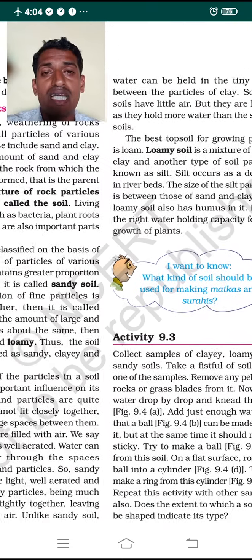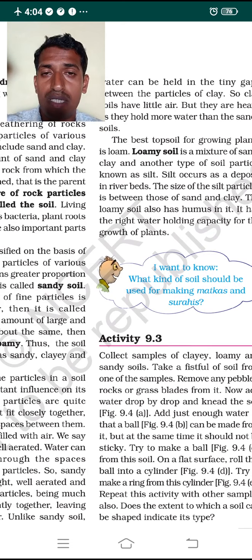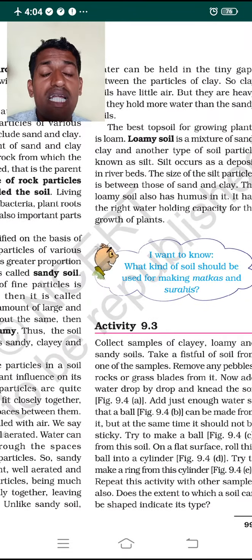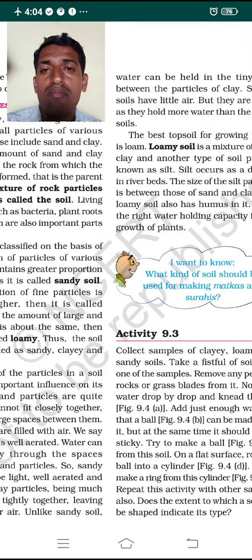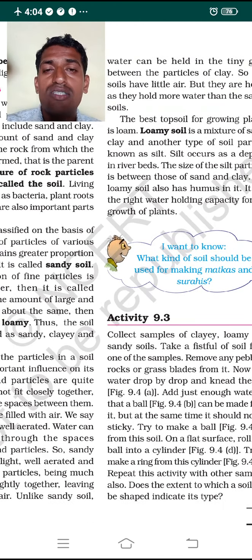Unlike sandy soil, water can be held in the teeny gaps between the particles of the clay. Water can easily drain through sandy soil, whereas in clay soil the water is held in the teeny gaps between the clay particles. So clay soil holds very little air.